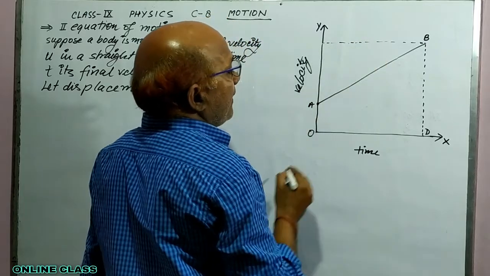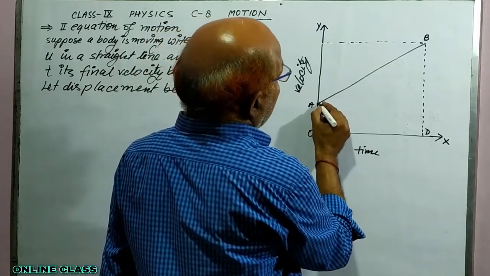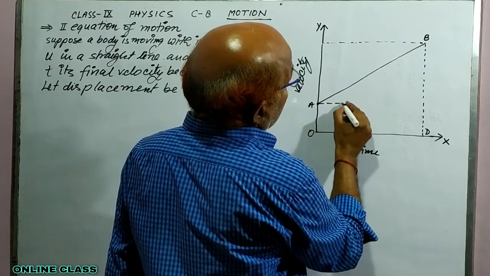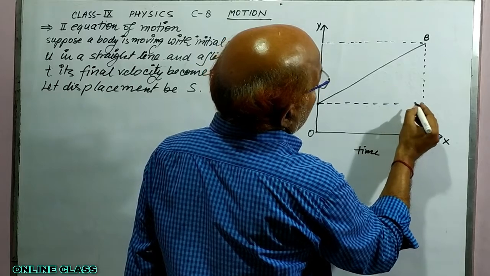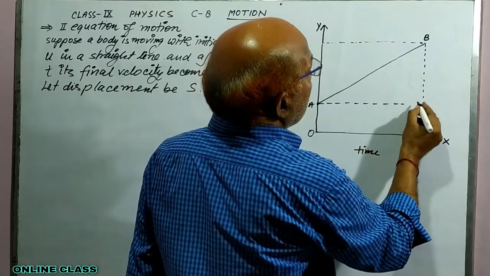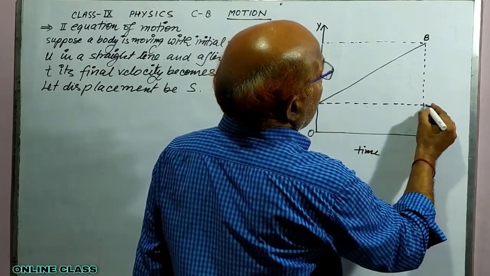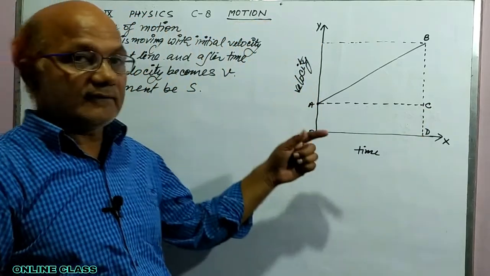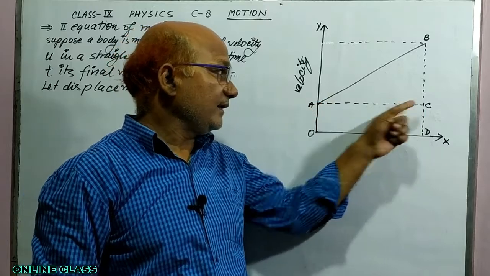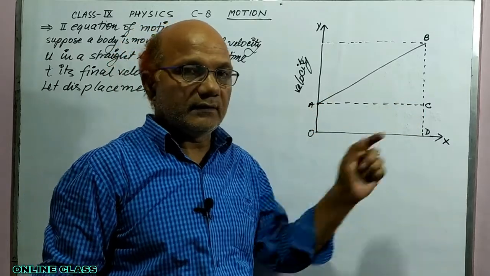Okay. From A, draw a line which is parallel to OD. It is C. So, you can see AC is parallel to OD. Okay.